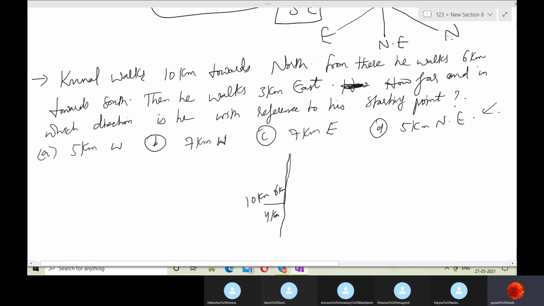Let us take 6 kilometers. This is the leftover 4 kilometers. Then he walks 3 kilometers east. So how far and in which direction is he with reference to the starting point?